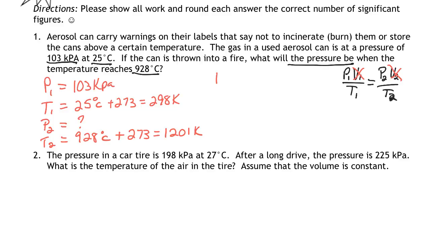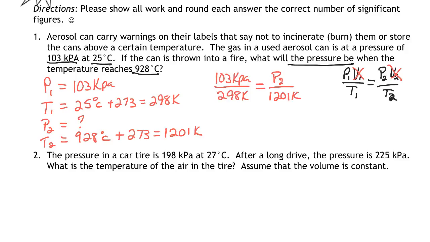So 103 kilopascal over 298 degrees Kelvin is equal to, I'm solving for that, so I can just substitute in my P2 over my temperature, 1,201 degrees Kelvin.